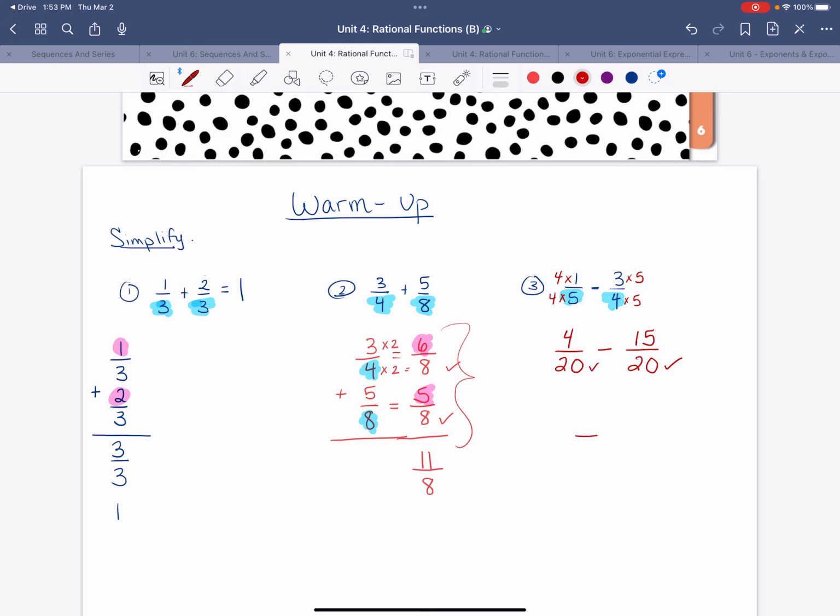They're the same, so I can rewrite that denominator. Now what we have going on in the numerator is 4 subtract 15. 4 subtract 15 is -11. So I get -11/20. Again, there isn't a common factor between 11 and 20, and so we're done. And so those were our 3 answers.